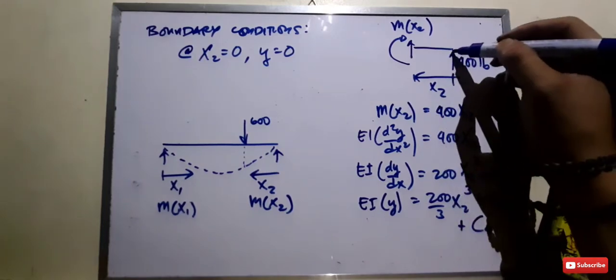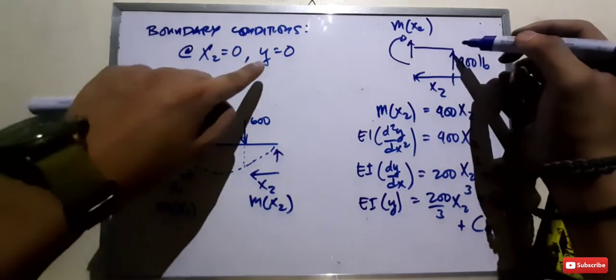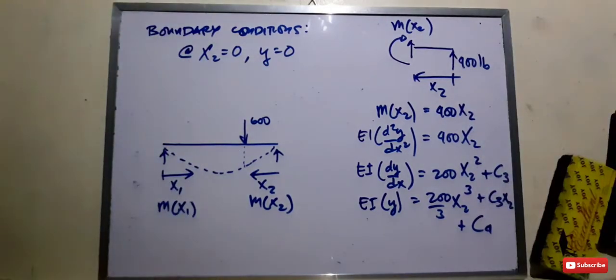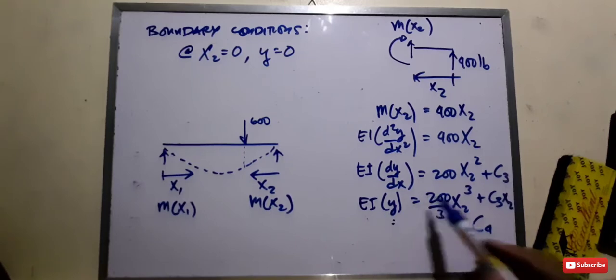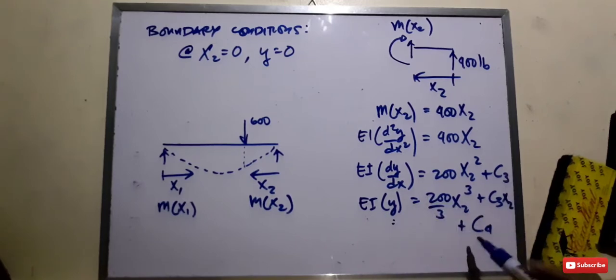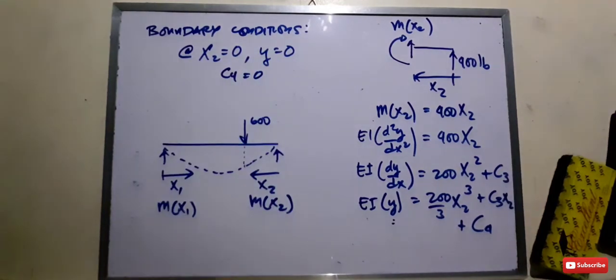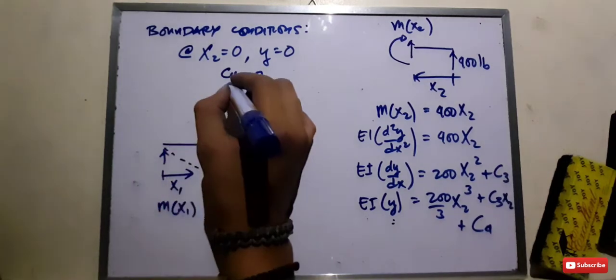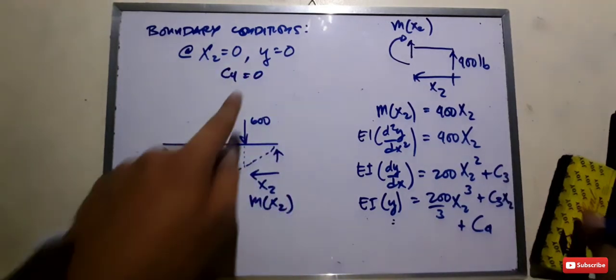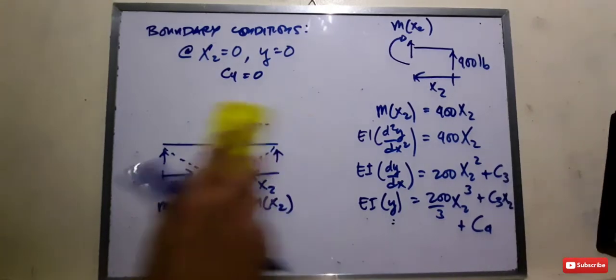So at x2 equals 0, ito yung roller support na walang displacement, therefore displacement y equals 0. So, saan natin na-apply? Dito, sa equation na to. So, we have 0, 0, 0. Therefore, C4 equals 0. So, meron na tayong dalawang constant na 0. We have the C2 kanina, C2 equals 0. And ngayon, meron na din tayong isang constant na na-identify, C4 equals 0.